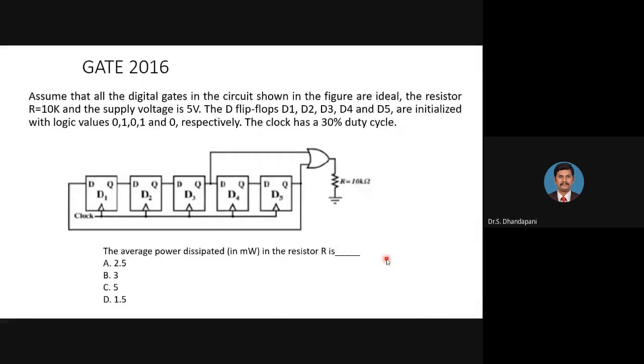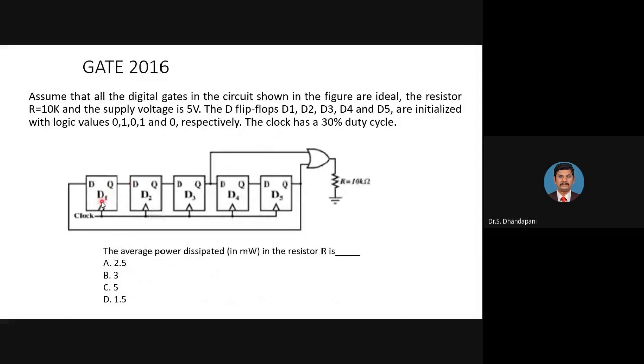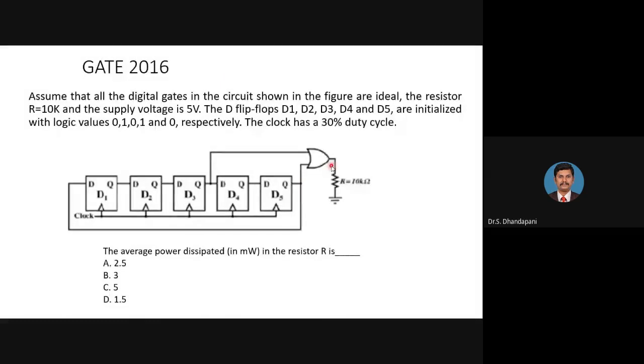Let us analyze this circuit. Listen carefully. As per the circuit, the initial values of the 5 D flip-flops are 0, 1, 0, 1, 0. It is given in the question. So we have taken the output as 01010. The final output, let us consider it as Y, is the output of the OR gate.